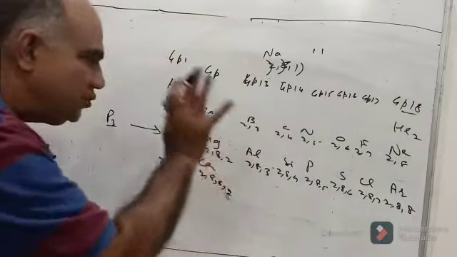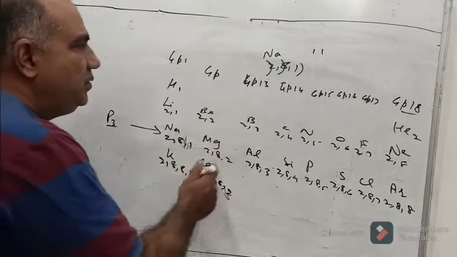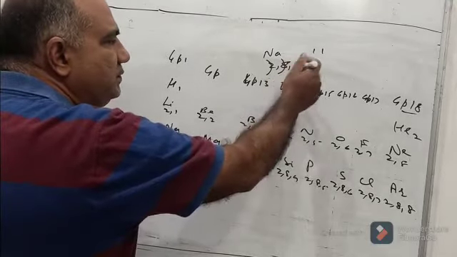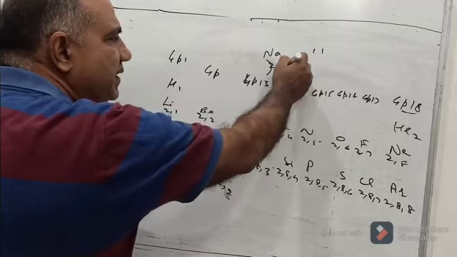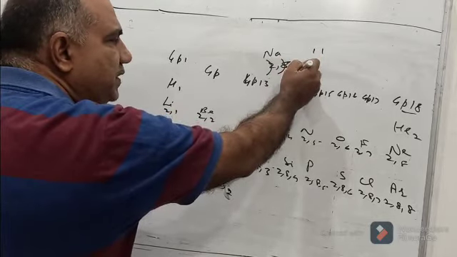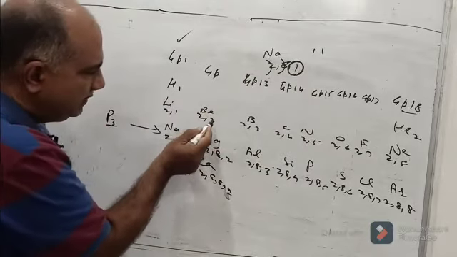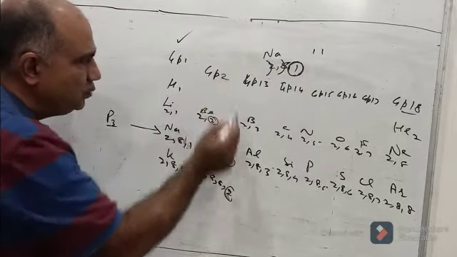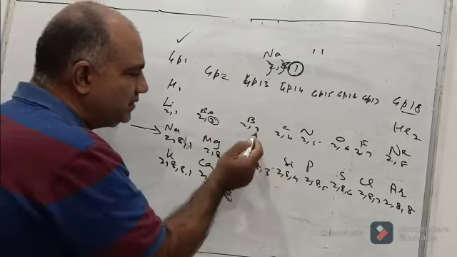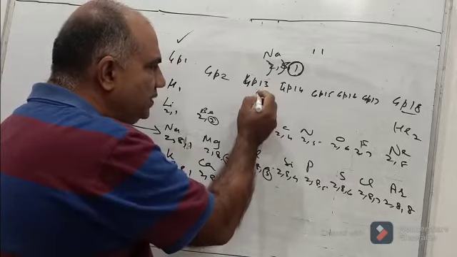For these 20 elements, we need to memorize which group each falls into. Any element having 1 valence electron will fall into group 1. Any element having 2 valence electrons will fall into group 2. All other elements, for example with 3 valence electrons, will fall into group 13.